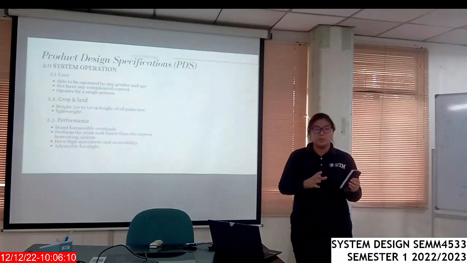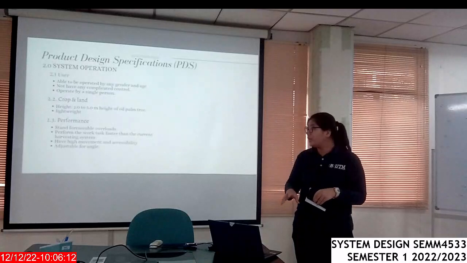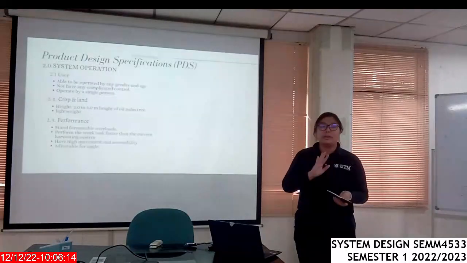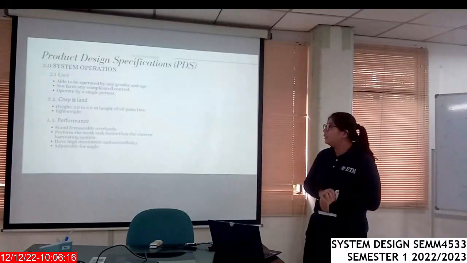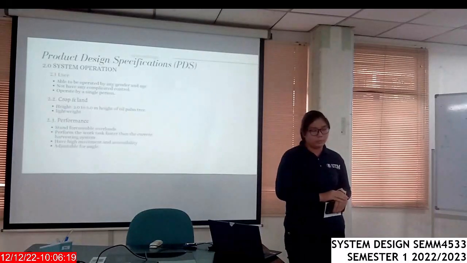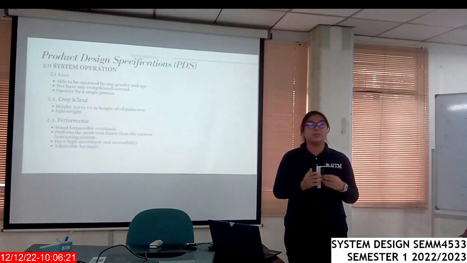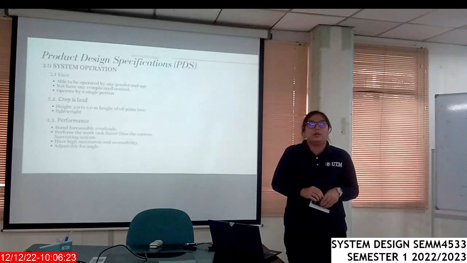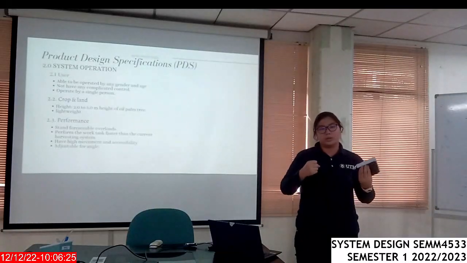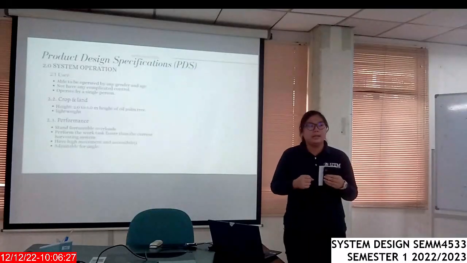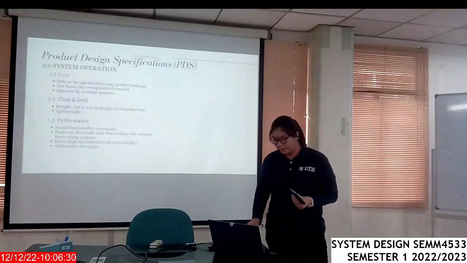And next, about the cropping plan, the machine will be used on trees with a height from 2 until 5 meters. On the material selection, the machine will be lightweight, so that the user will not carry any very heavy weight.